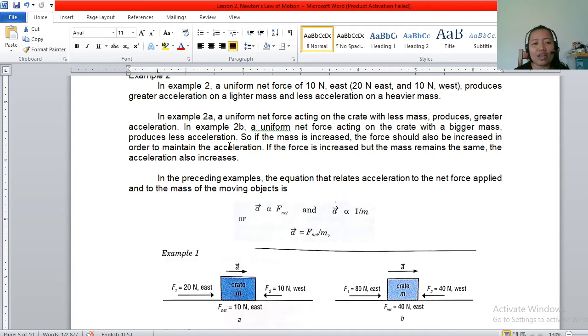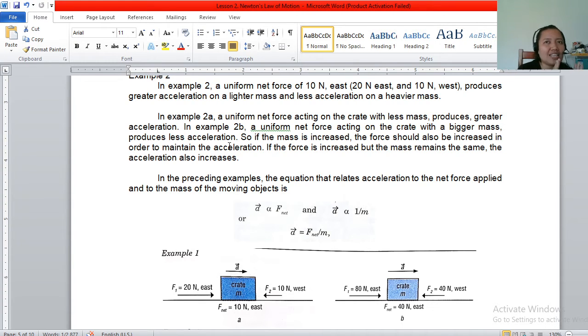Diba kanina, we have discussed the statement of the law of acceleration na ang acceleration is directly proportional. So, kung mag-i-increase ang acceleration, mag-i-increase din ang ating force. Okay? Pero, ang acceleration ay inversely proportional sa mass.